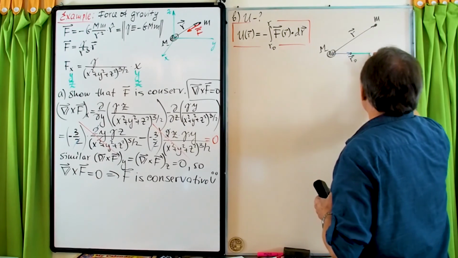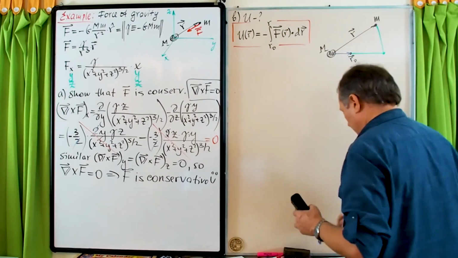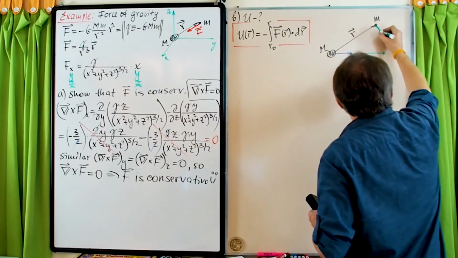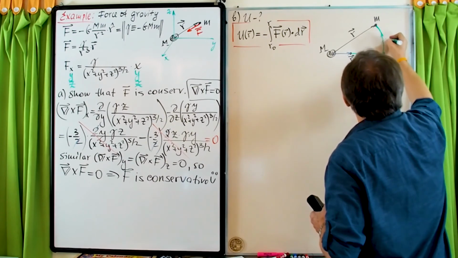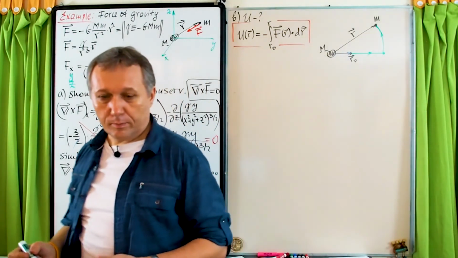The best option will be to go to this point and then go around this. It doesn't look like a circle. And then this way. So that's the best path.